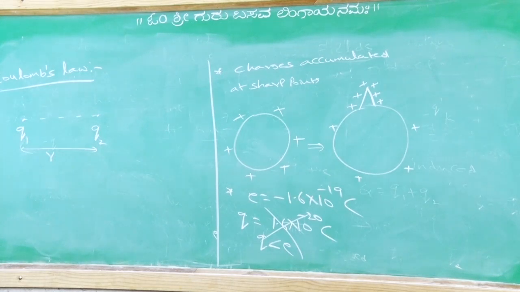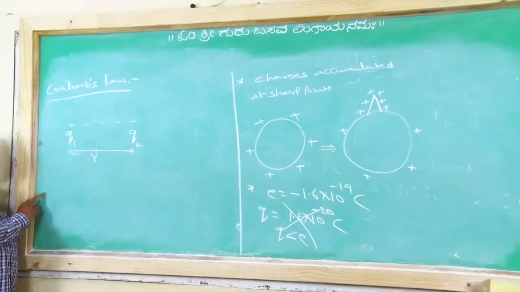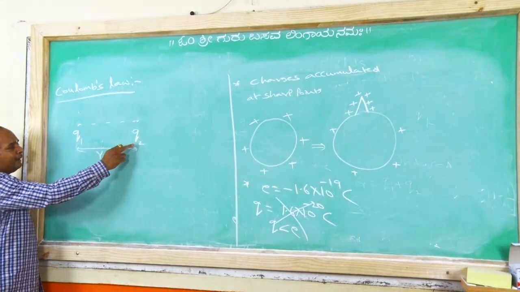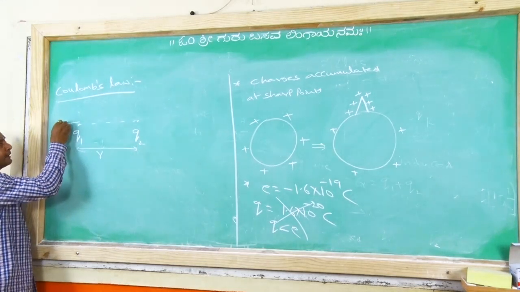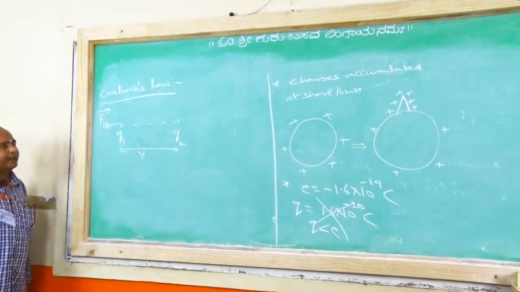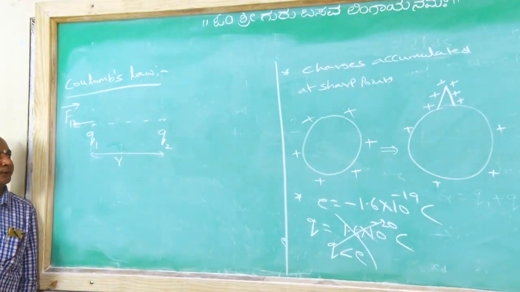Between any two charges separated by a certain distance, the charges may be either attracted or repelled depending upon the nature of the charge. Here the charge Q1 experiences a certain force due to Q2 in this direction, which is F12 bar, the force acting on charge 1 by charge 2.